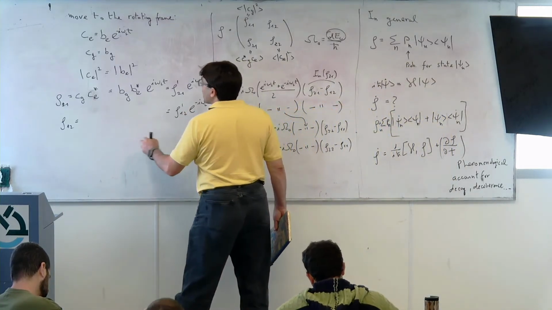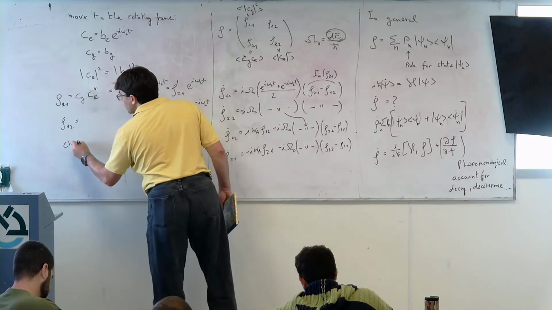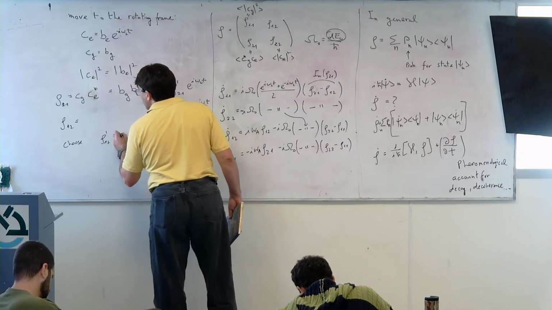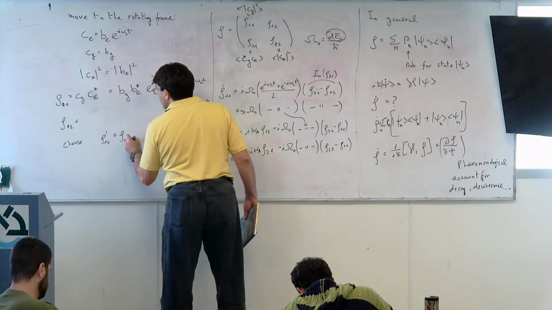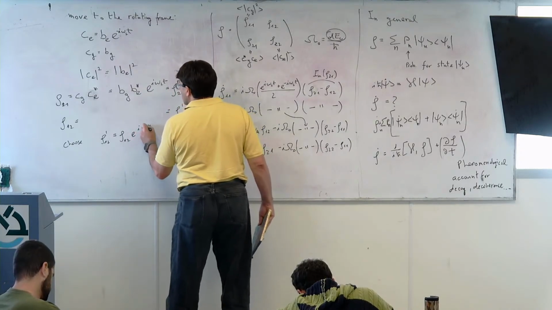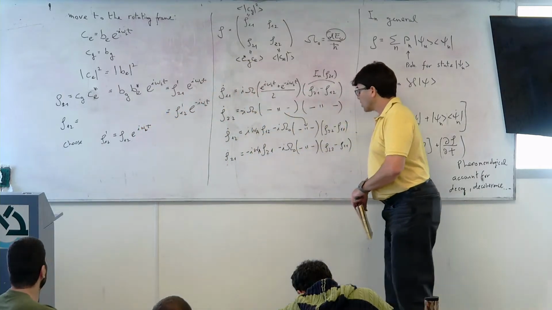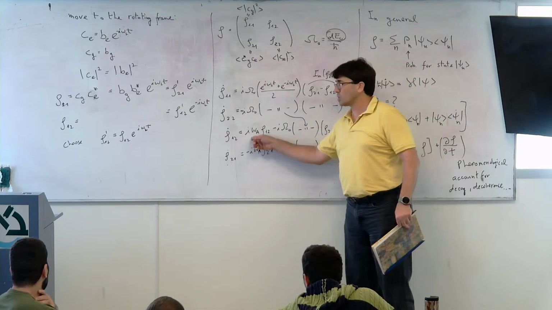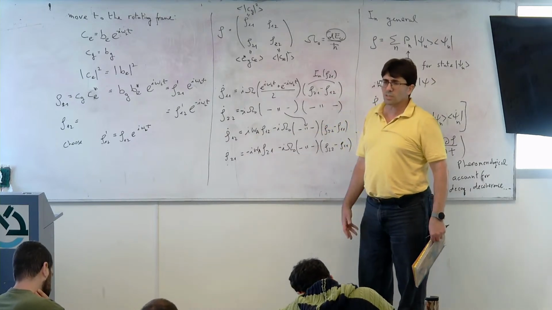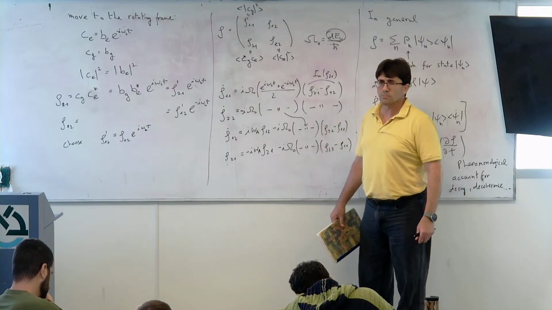I'll choose rho 1 2 prime equals rho 1 2 times e to the i omega laser t. That's what I want. Why do I want that? Because then this will almost disappear and I will have here only delta. You see how we've done that so many times. But if you don't see it, then ask.